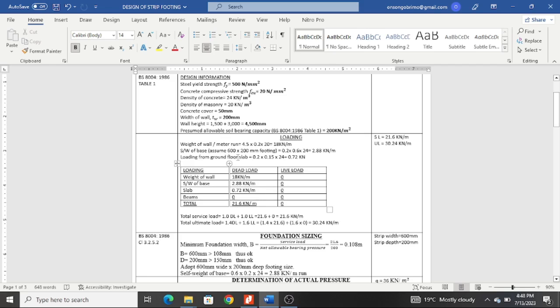So here we did a calculation of the ground floor slab loading, and we found it to be 0.72 kilonewtons per meter run, and that is 0.2, which is the width of this wall, because our slab is lying on the wall, which is distributing the load to the strip. And then we have 0.15 thickness. Then we have multiplied by 1 so that we get volume. When you multiply by 24, you get 0.72 kilonewtons.